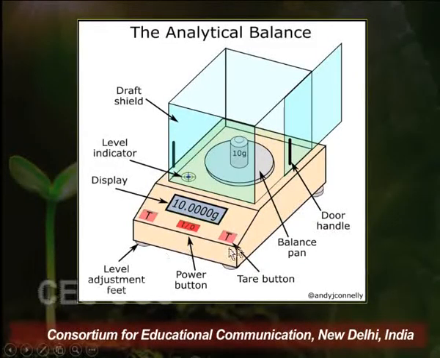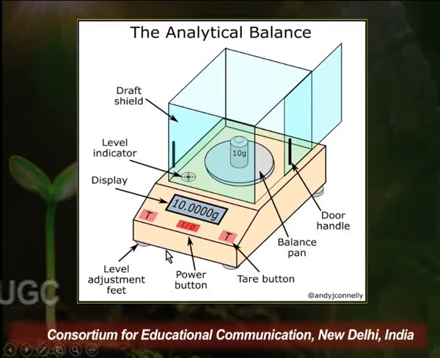A typical analytical balance will have this type of common structure, where this is a platform, and there will be a display on which the weight will be shown. Then there is a tare button, a power button, and at the bottom there are level adjustment feet.